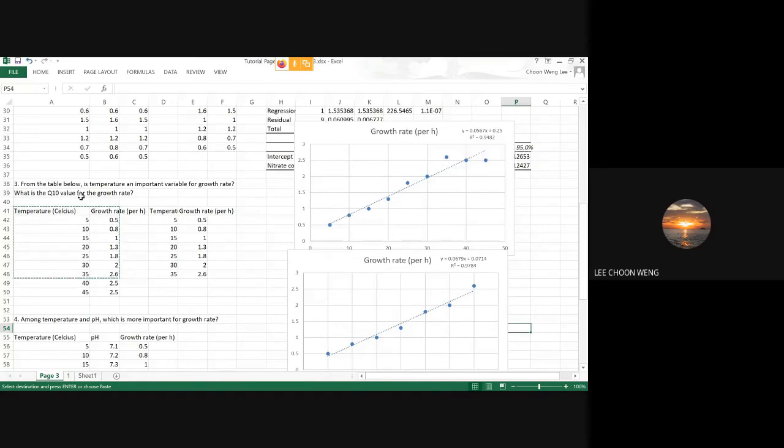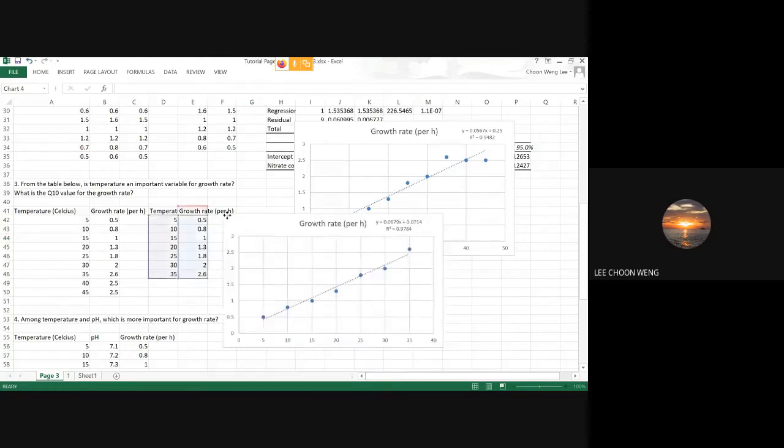So if you were to calculate your Q10, Q10 is the difference in the growth rate over 10 degrees. So if you take from 10 to 20, what you need to do is calculate it out.